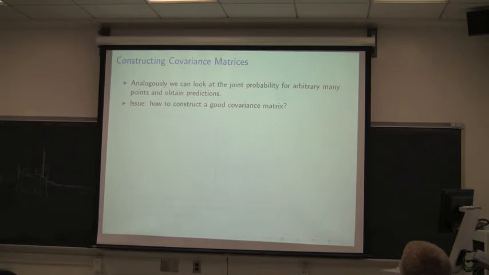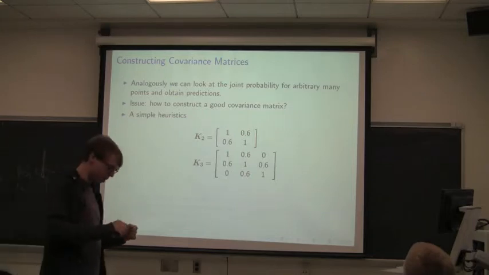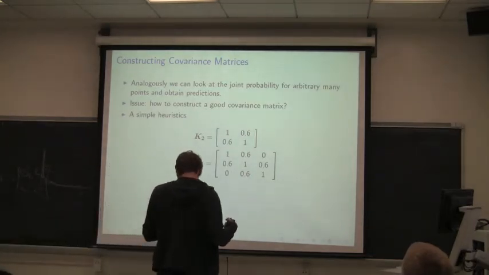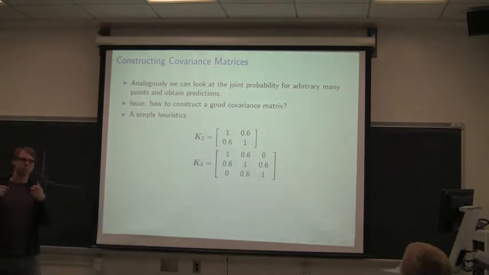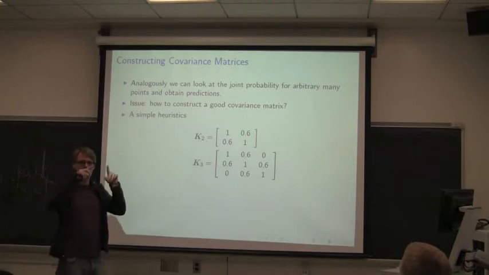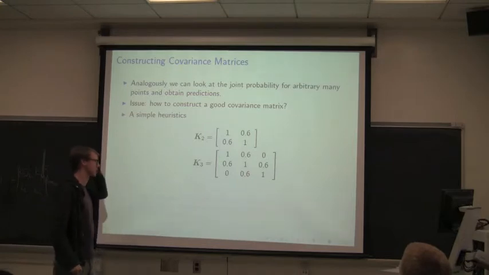The problem is, how do we get a covariance matrix like that? Well, one way is x times x transpose. What it should tell us is that if two points are similar in x, then they should usually be more covariant. There should be a higher covariance than if they are far away in x. Basically, the covariance on y should depend on how close the points are in x. That's usually the assumption.